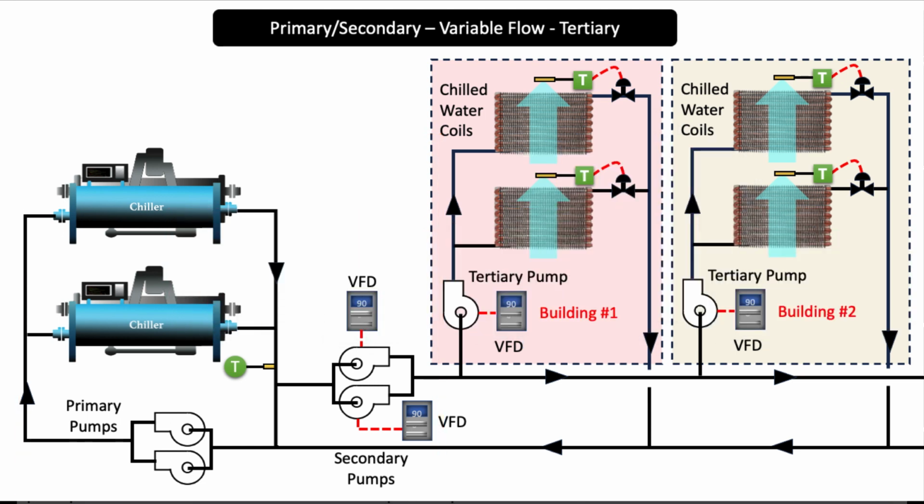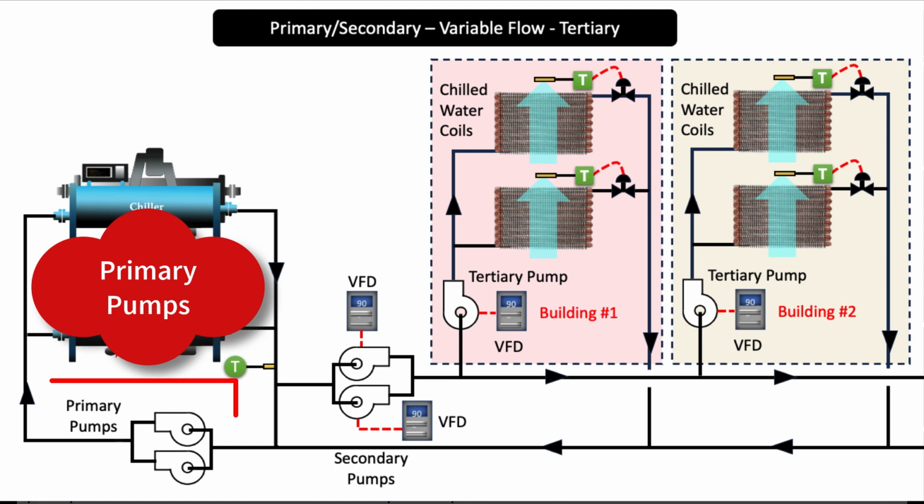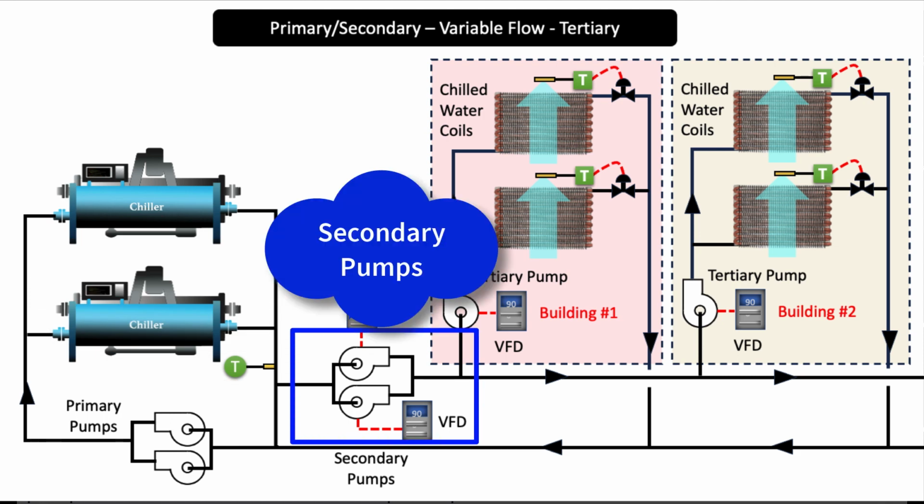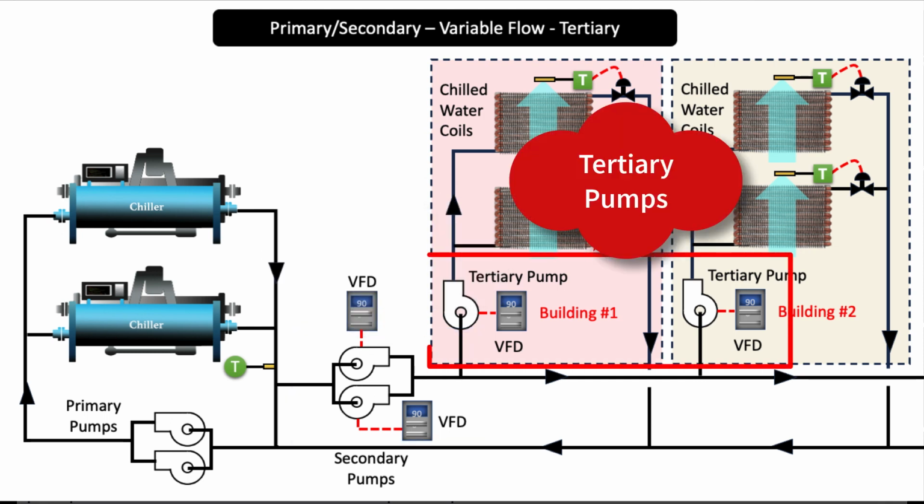Chilled water pumps. One or more primary pumps circulate chilled water through the chillers and the primary loop. Separate pumps circulate chilled water through the secondary loop. The secondary pumps respond to fluctuations in the cooling load requirements within the system using VFDs. Tertiary pumps circulate chilled water through the tertiary loop within each building.